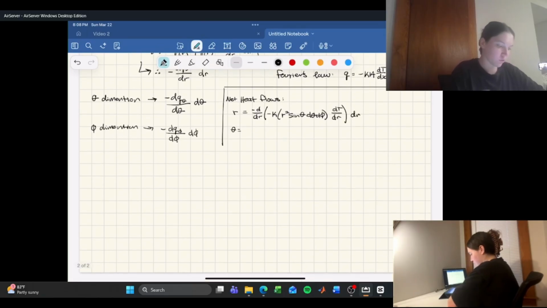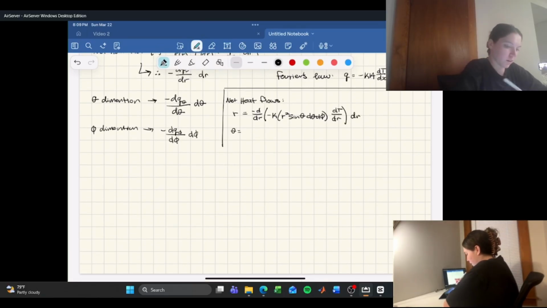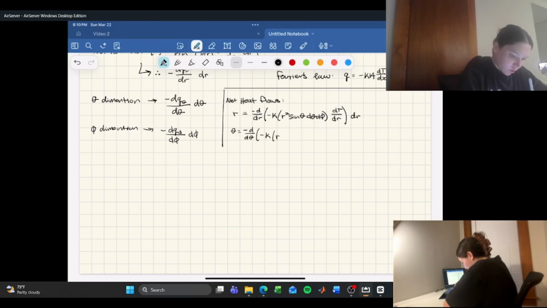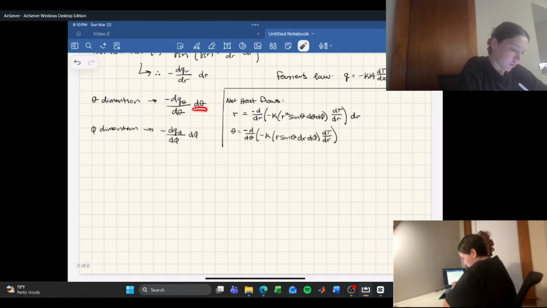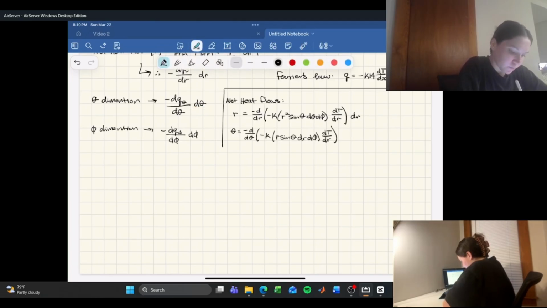Now we can move on to theta. So we're going to again factor out this front term of negative d over d theta. It's going to be multiplied by the negative thermal conductivity times r sine theta times dr d phi, and then this is going to be dT dr, and it's going to be multiplied still by this d theta term as well.